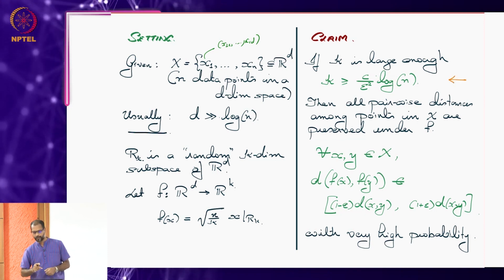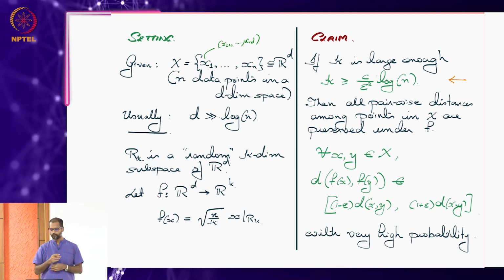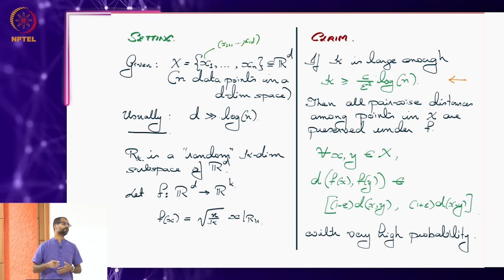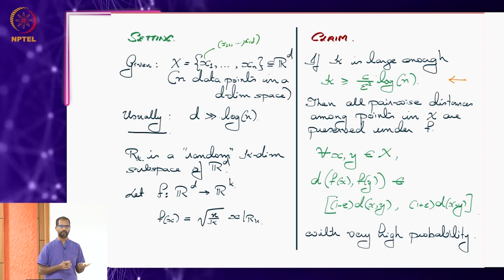The subspace onto which you are going to project is going to have a dimension roughly 1 over epsilon squared log n. So, if your initial space was already comparable to this, there is no point in doing this.